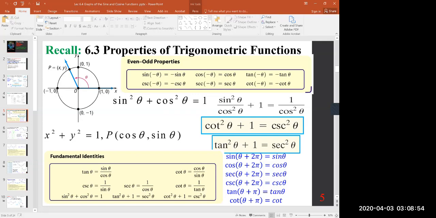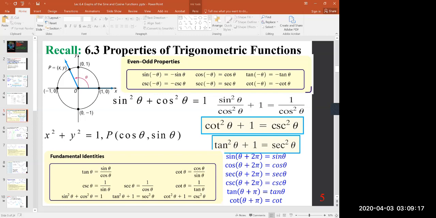I put the synopsis of those sections. So, for example, the one we just covered, we have some fundamental identities that consist of Pythagorean identities, reciprocal identities. We have even and odd identities.